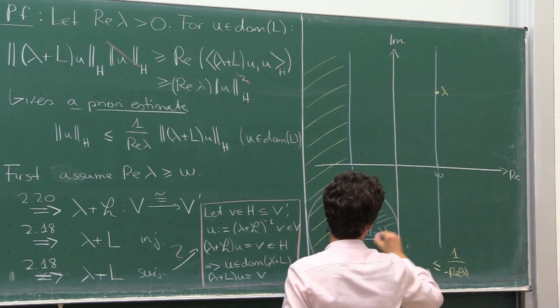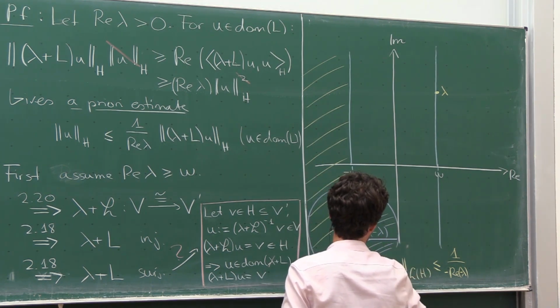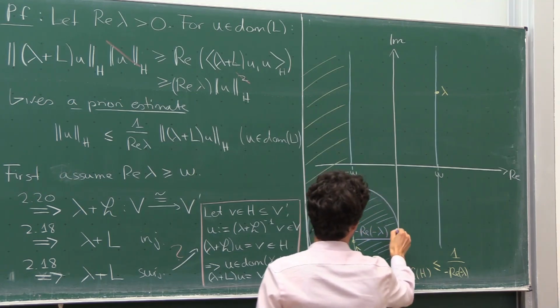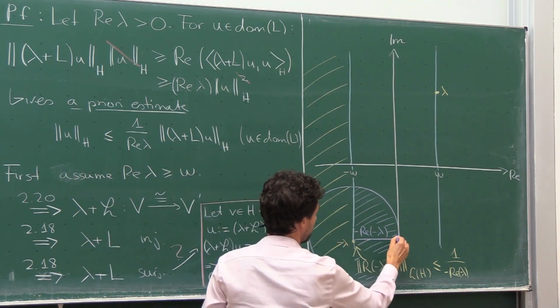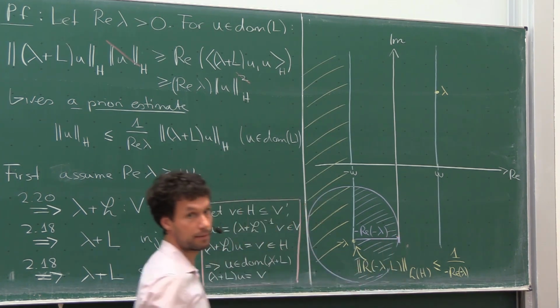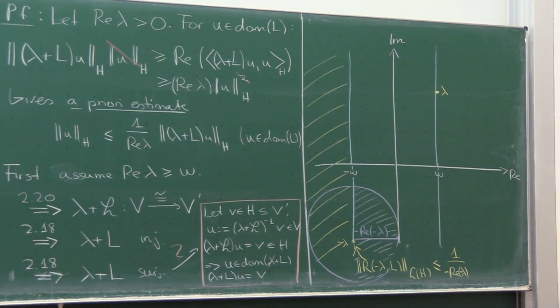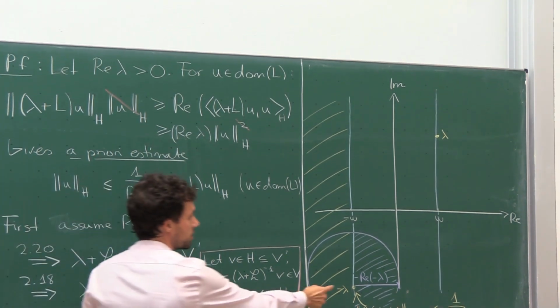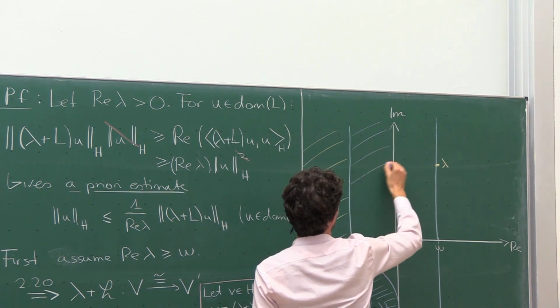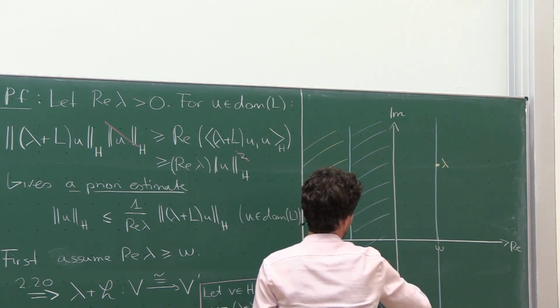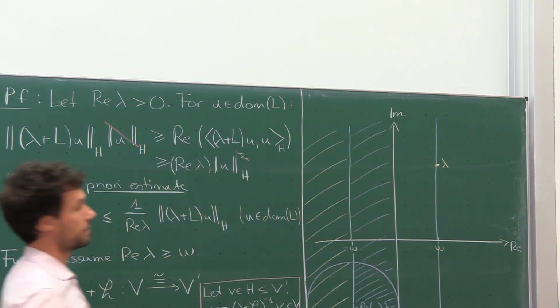So I win this whole thing for my resolvent set. And in particular, I win the whole open segment until here. Agreed? And now this works for every point, so I can just move the lambda around, and I see that the whole left half plane belongs to the resolvent set.